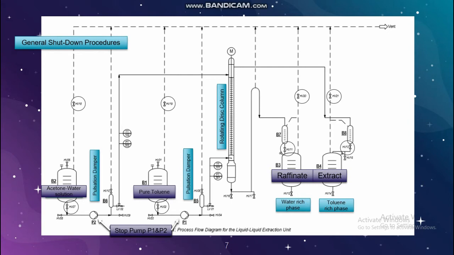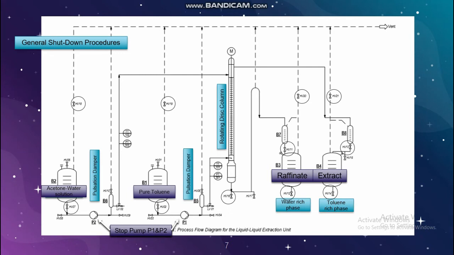First, switch off the pumps P1, P2 and the rotating stirrer. Second, open valves 12, 14 and 16 to drain all liquid from the equipment. Third, wash the column until clean by using a mixture of acetone and water through pump 2.